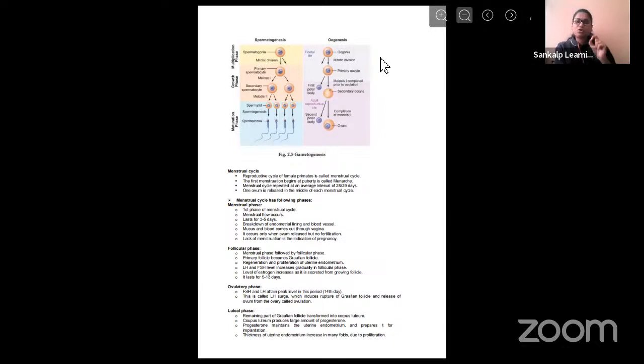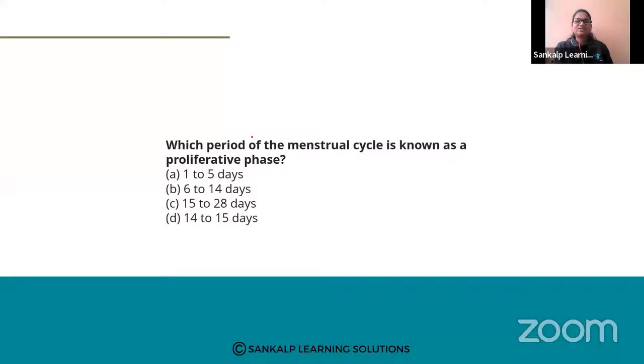Progesterone maintains the uterine endometrium and prepares it for implantation. So this is regarding the phases of the menstrual cycle. Most of you selected D, C and so on. Few of you answered correctly. Option B, 6 to 14 days, is the right answer, guys.